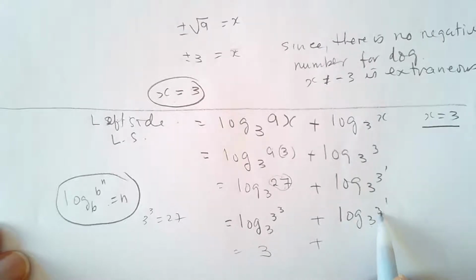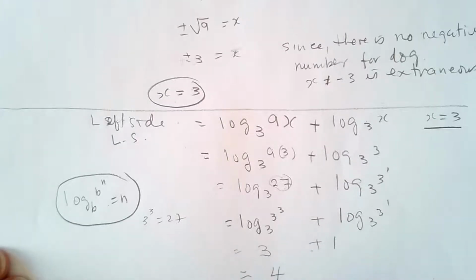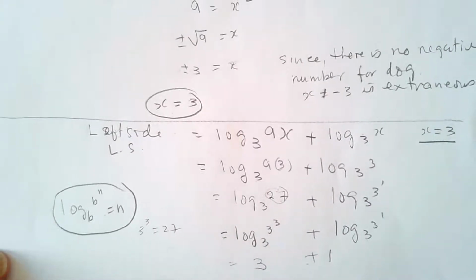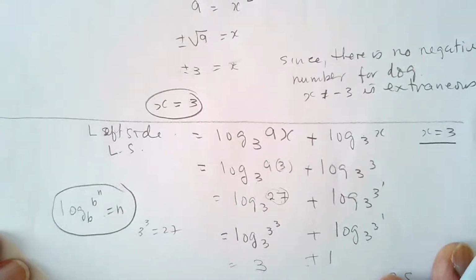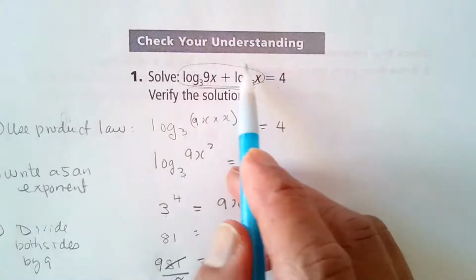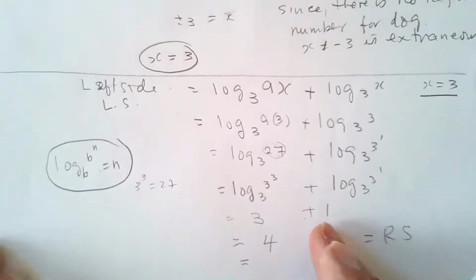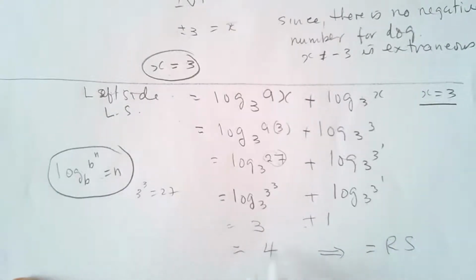Log base 3 of 3 to the power 1 is equal to 1. So 3 plus 1 is 4, which is equal to the right side. The right side is 4. So our left side is 4, equal to 4. And that is verifying our solution.